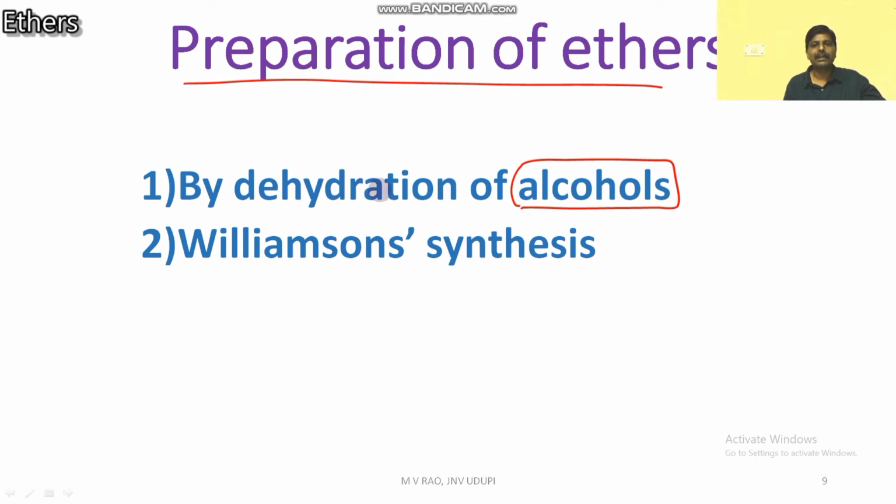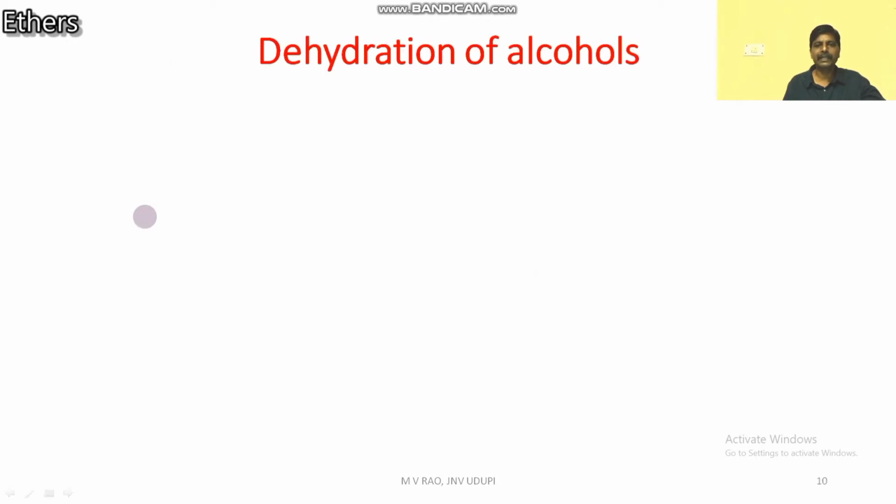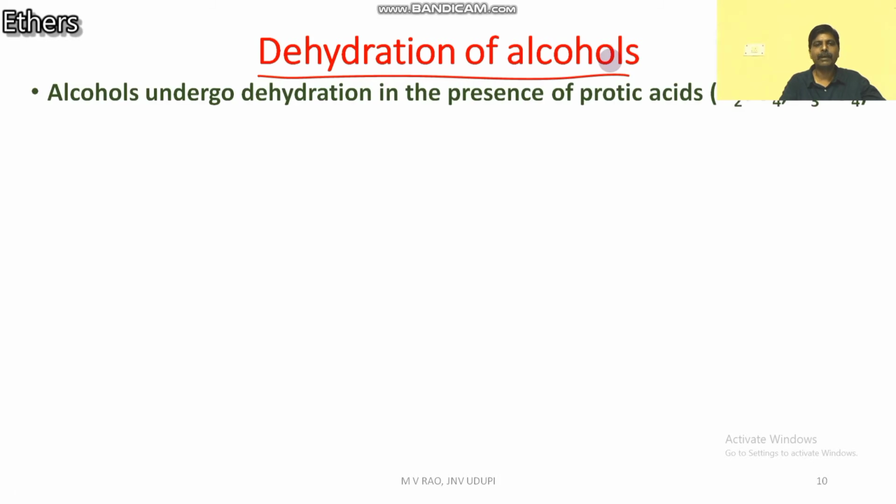From alcohols you will get ether by dehydration. Second method is Williamson's synthesis. This is very important method. Already in haloalkanes topic it came. So there are only two methods to prepare ethers. First method is dehydration of alcohols.